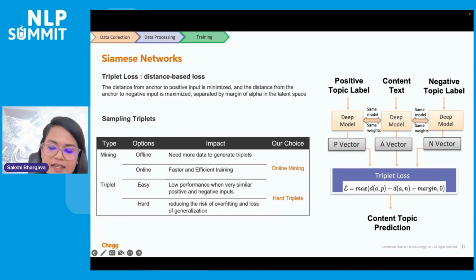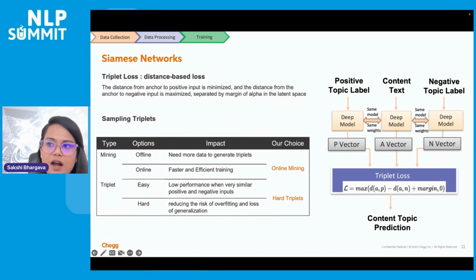So given that distance, the network will not learn much if we try to train on these easy triplets. So what is needed is we need to sample probably within the same course. If we sample within the same course, the topics would be really close to each other in the semantic space. And that's why the network will have to work much harder to learn and push the differences by a margin.